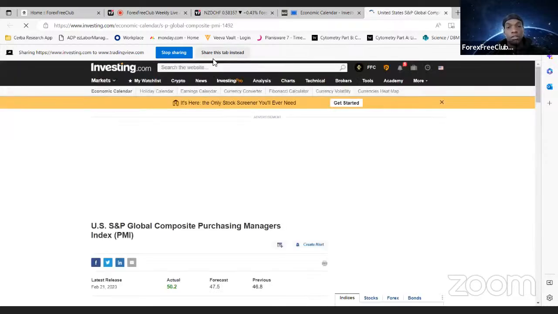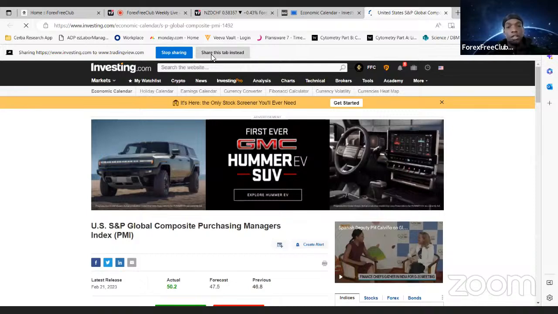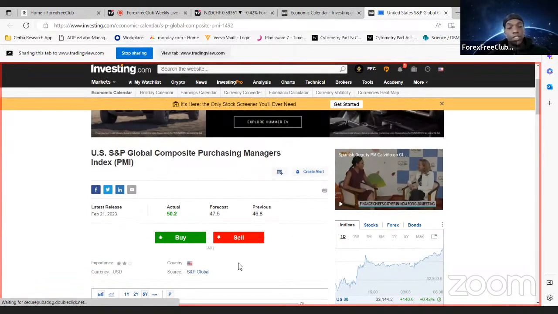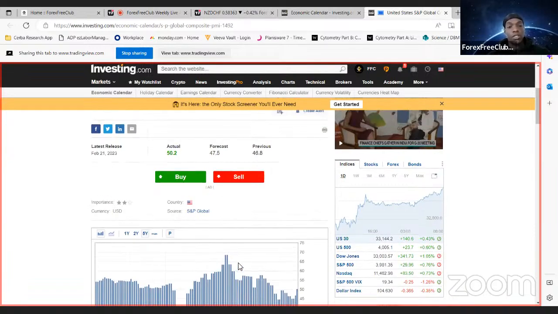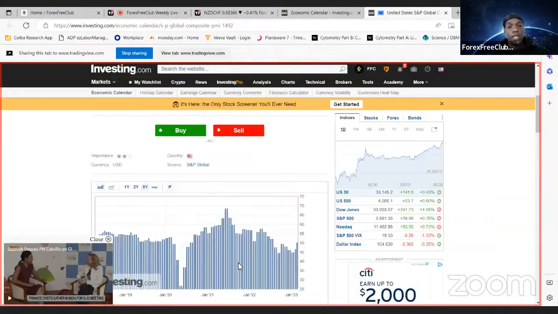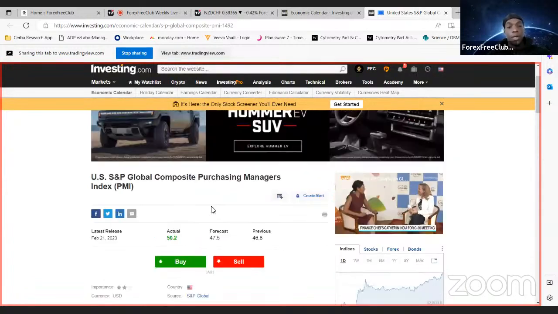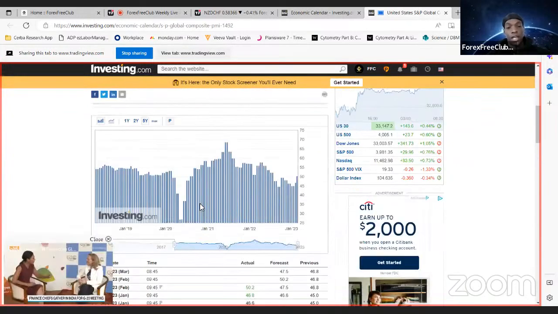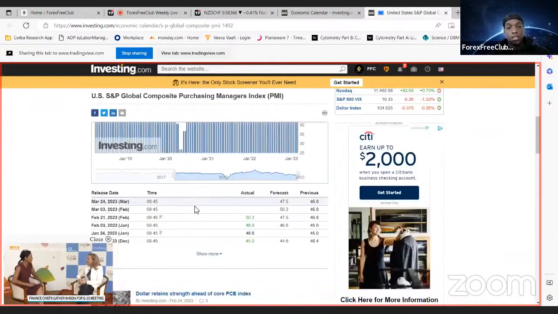All right. So I'm just going to read the descriptions that Investing gives about each of these news events, if there is a description. It seems like the PMI for the S&P Global doesn't have a description, just a chart. Let's see, what does it say?